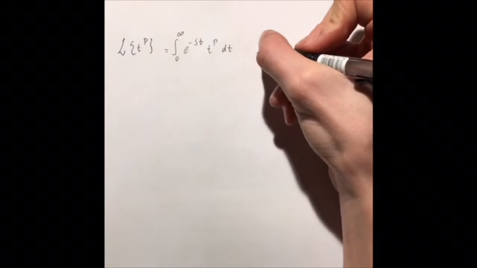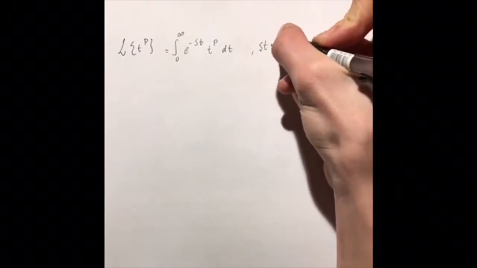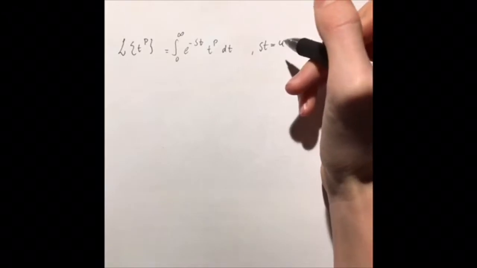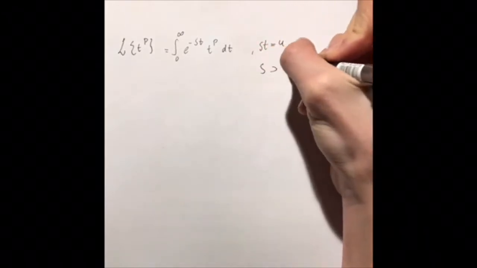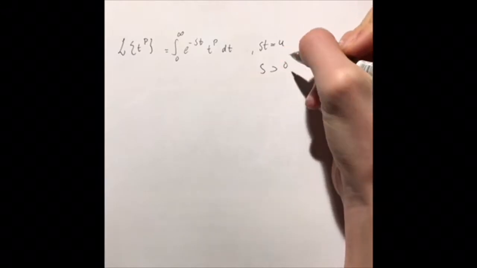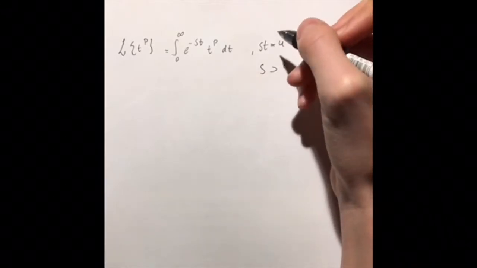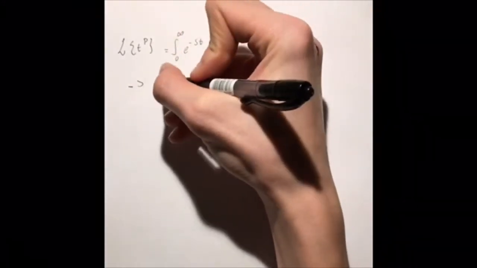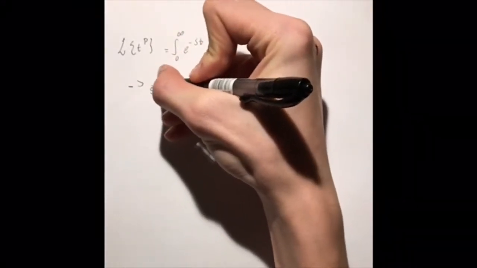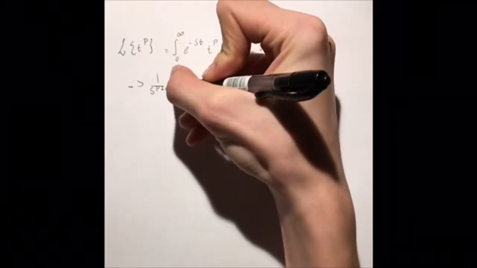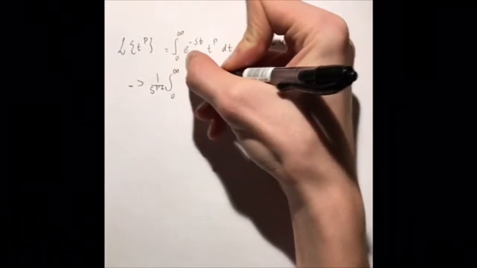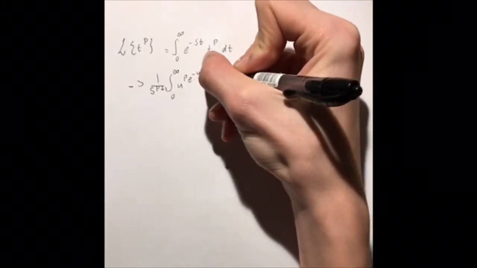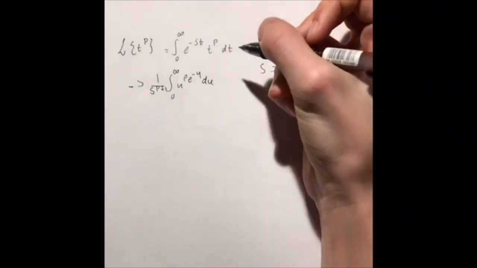And if we let st equal to u, and note that in order for the integral to converge, we must have s greater than 0, then the integral becomes 1 over s to the p plus 1 times the integral from 0 to infinity of u to the p e to the negative u du.